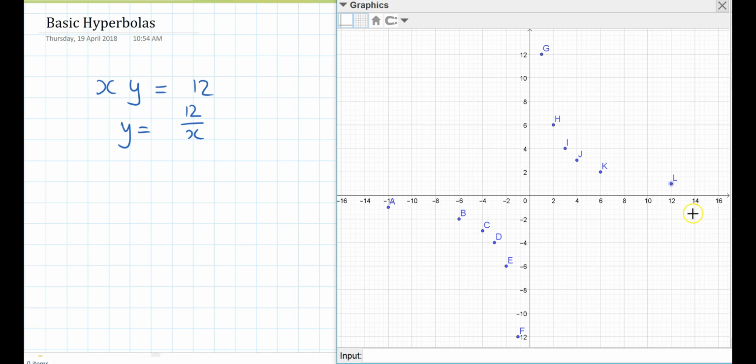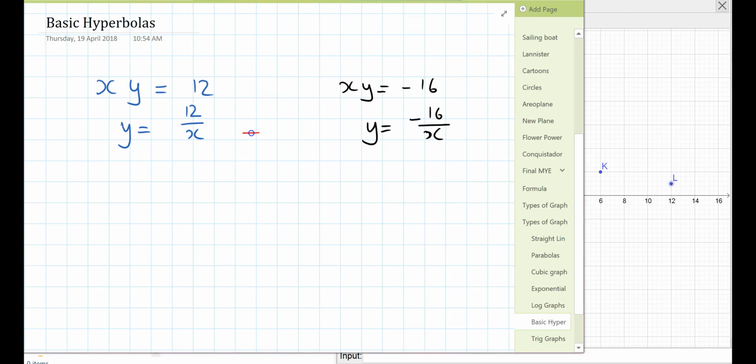So in other words, when x goes out this way to the right or goes out this way to the left. So when this number down here at the bottom, the x part, gets bigger, the fraction itself is going to get smaller. And as the fraction gets smaller, so we're going to get closer and closer to 0.